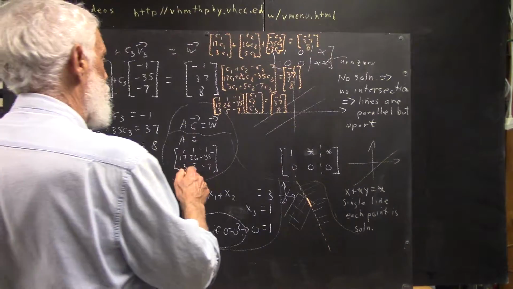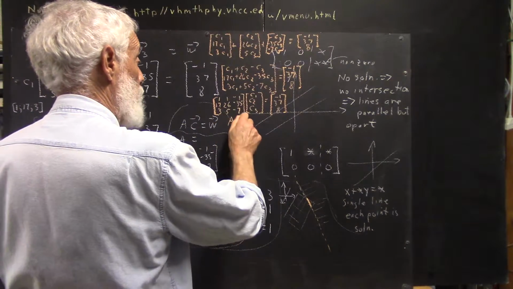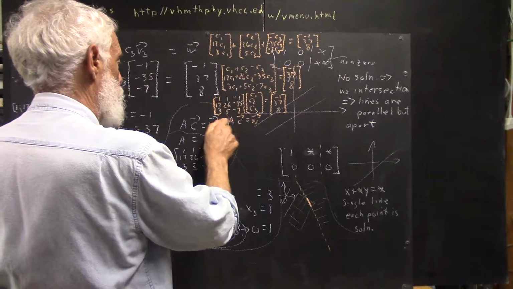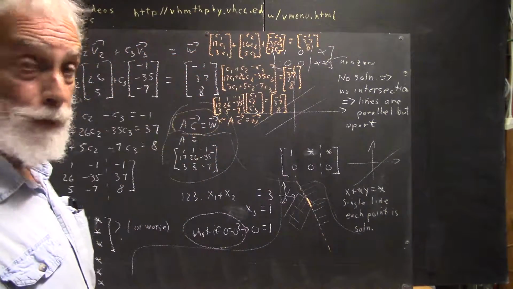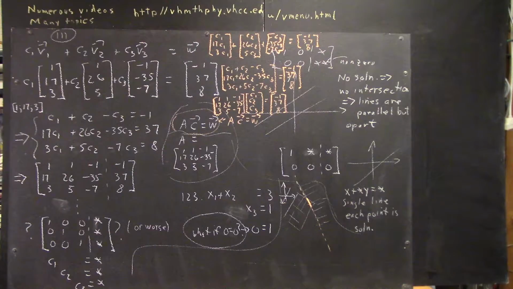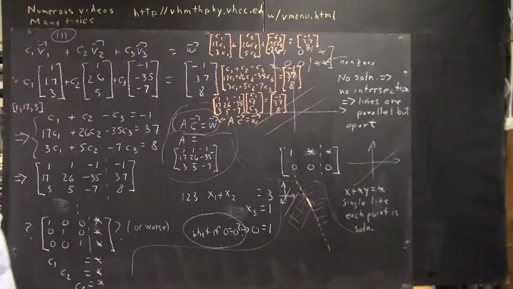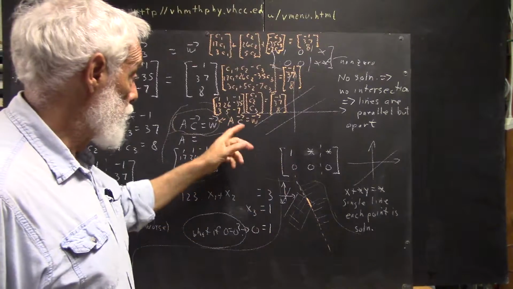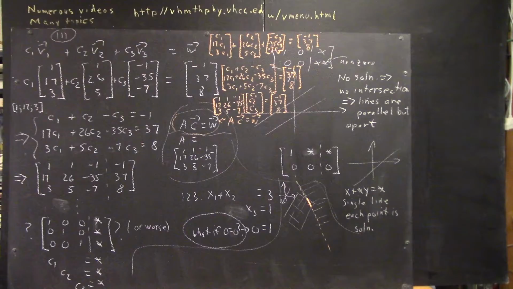So that this is now of the form A matrix times a C vector equals the W vector, which of course I wrote out right here. But I didn't write out these steps, and it's very plausible that you need those steps. Okay? So now, how do I solve this matrix equation? Well, you know, since we're doing review here, that you can multiply the inverse matrix on both sides, the inverse of the A matrix, and get your solution, but we're not going to do that.